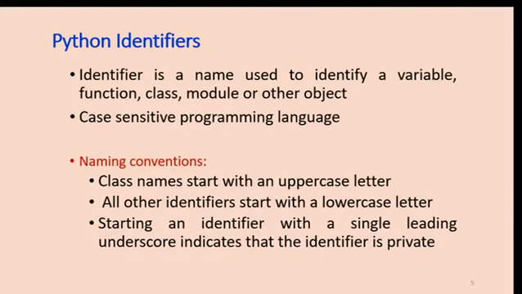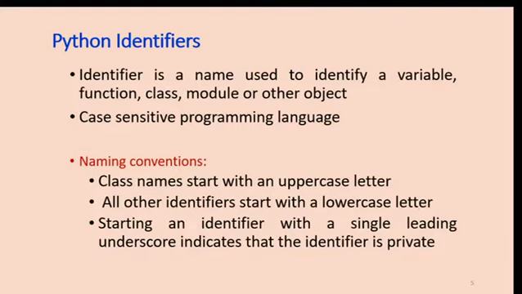And the naming conventions to be followed while naming the identifiers are: all the class names should start with an uppercase letter followed by lowercase letters. And other identifiers like variables, functions, modules or any other type of object can start with a lowercase letter. The only special character allowed between the variable names is underscore.